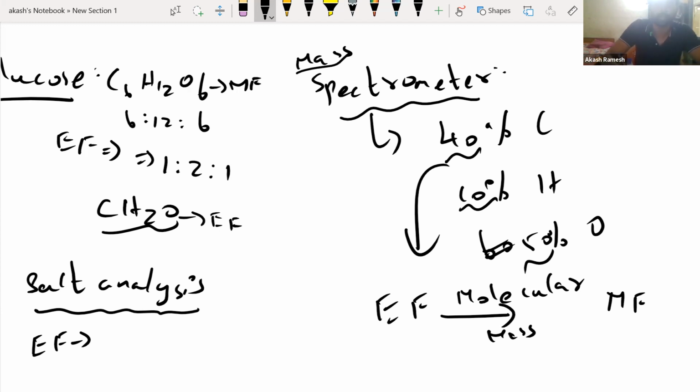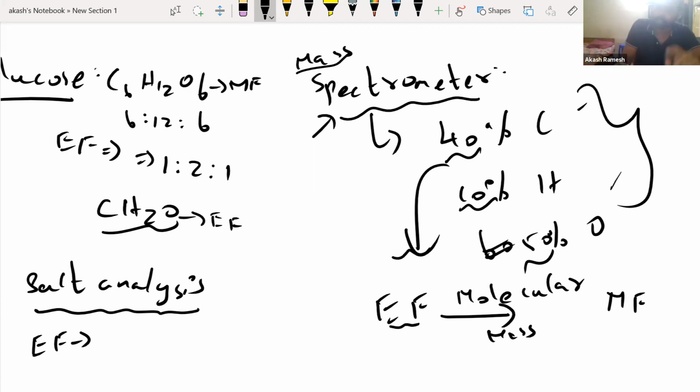Now that has to be given to the mass spectrometer. The mass spectrometer gives you data like this. It will not tell you these are the elements present, but it will tell you this much percent of this element, this much percent of this element, and that much percent of another element is present. So from this data, we can calculate the empirical formula, and that we are going to do exactly now. We are going to do the problems based on that.